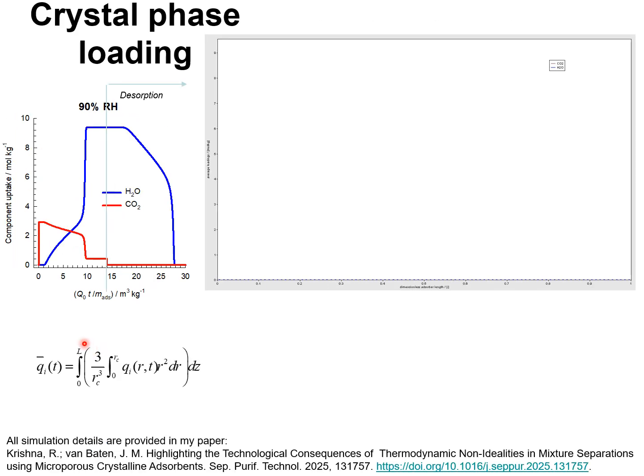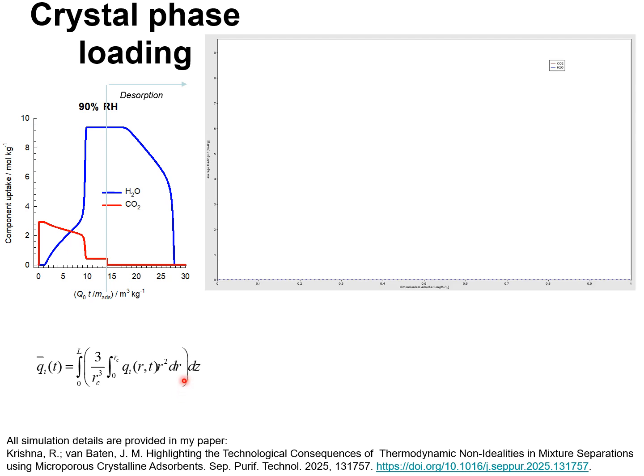In the transient breakthrough simulations, we can also determine the averaged component loadings along the fixed bed as a function of time. The average loading is averaged over the particles and along the fixed bed.